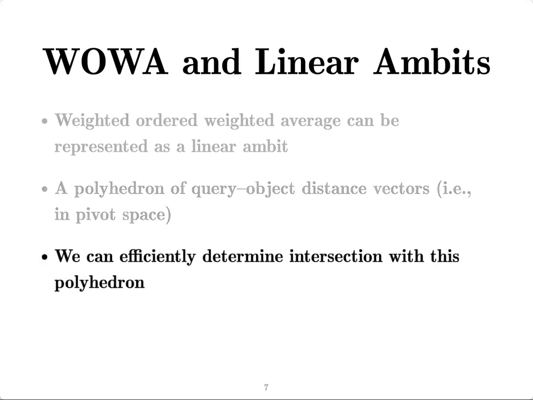And we can efficiently determine intersection with this polyhedron, even though for the weighted ordered weighted average, as well as the weighted ordered average, we have a factorial number of facets, but because of its shape, we only need check overlap with one of the facets to determine, for example, intersection with the outside of a ball, which is what we need in order to check if the query is completely inside the ball.